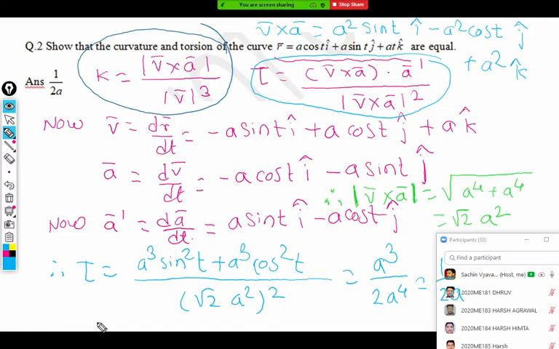The spiral is the only curve on which the curvature and the torsion are equal. This curve is just like a spring.